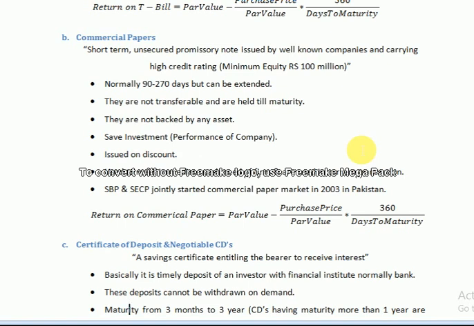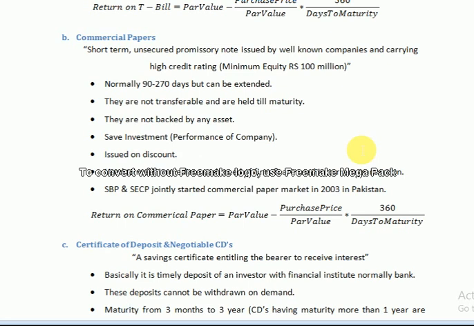As we discussed, commercial papers are purchased at a discount price. So look at par value. Let's suppose the par value of the commercial paper is 1000 and the discounted purchase price is 950.